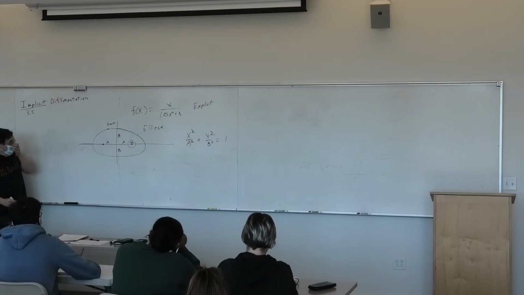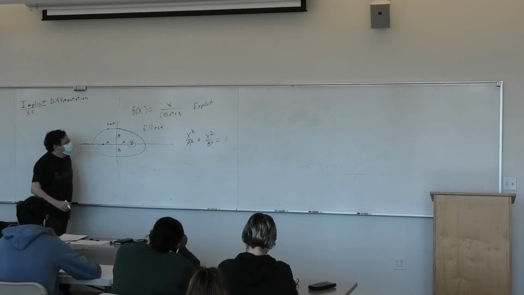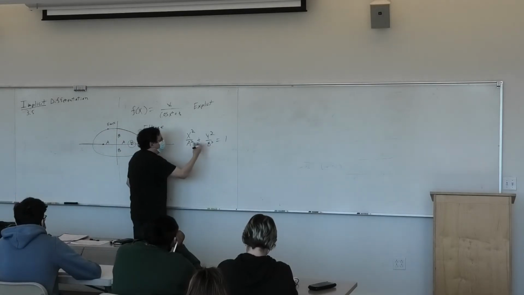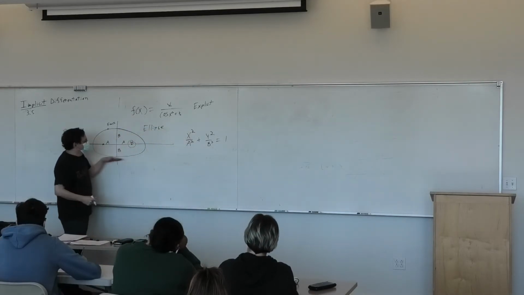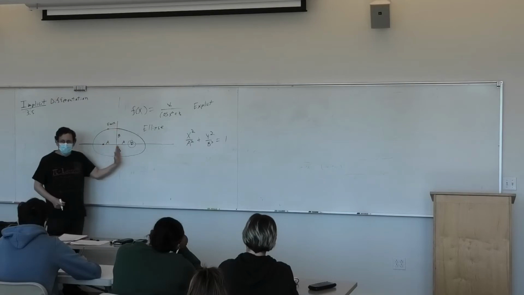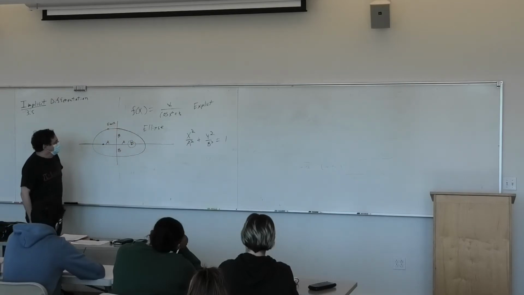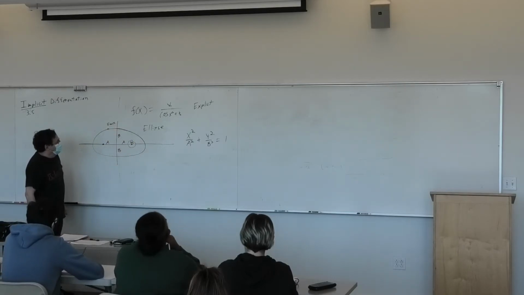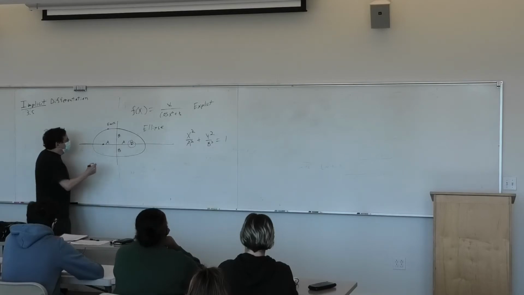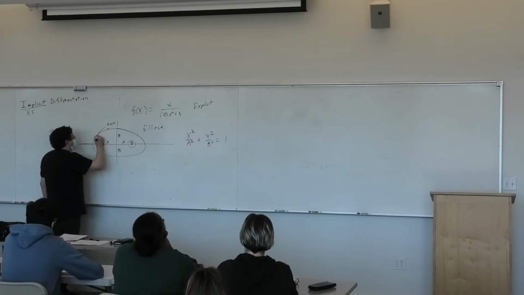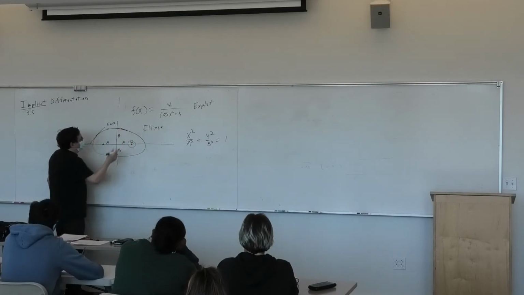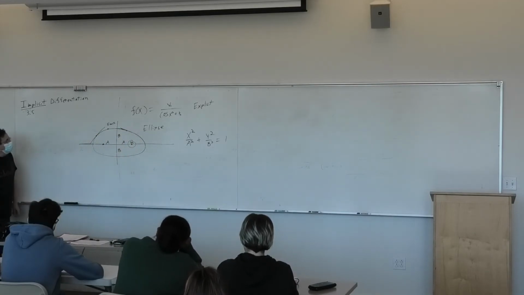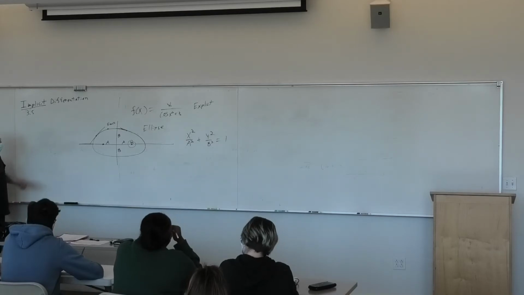So you might have something defined this way. What's the function? There's no function. It's not a function, right? It fails the vertical line test. But it is the case that at every point there's a tangent. So it'd be nice to know what the derivative is there.